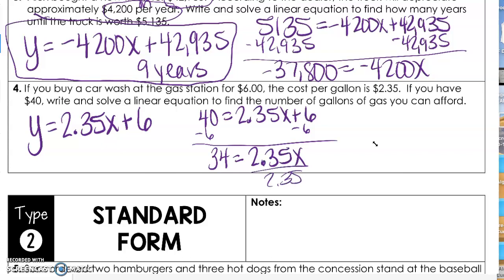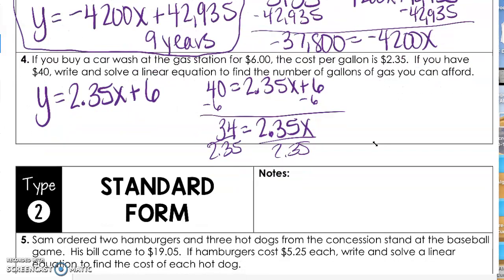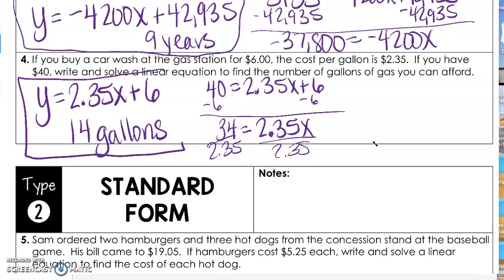Divide by 2.35, and we end up with about 14.5. So we're going to just round and say 14 gallons. Those are the two things I absolutely have to have for a correct answer. If you want to show your work of how you got to your 14 gallons, you can do that off to the side.